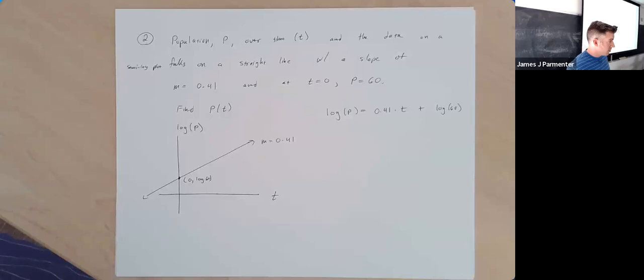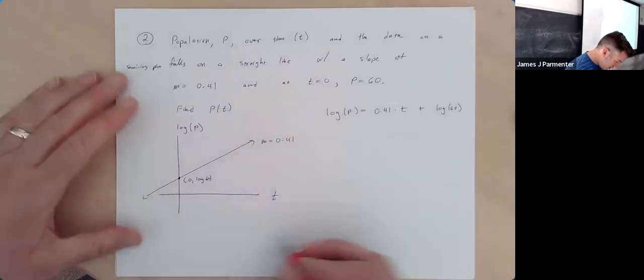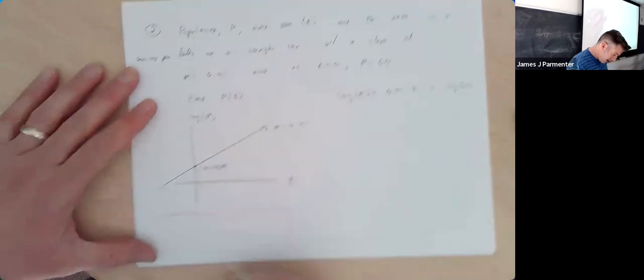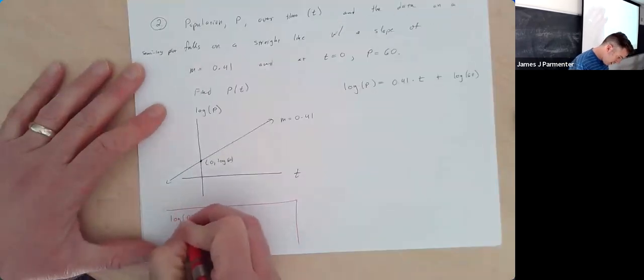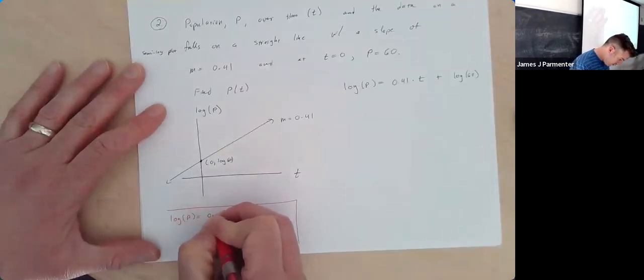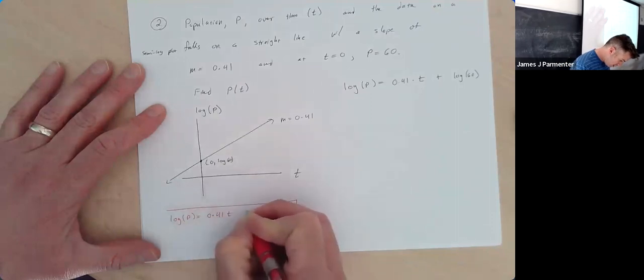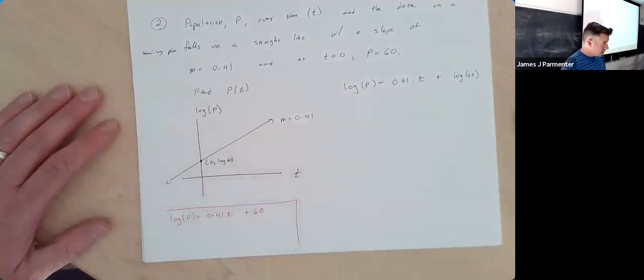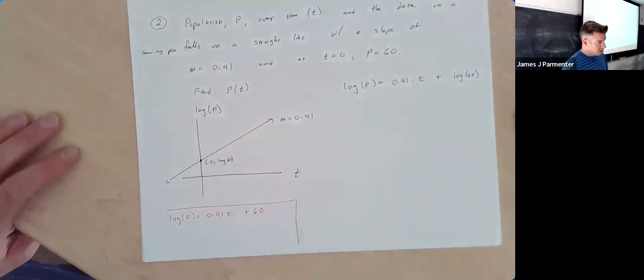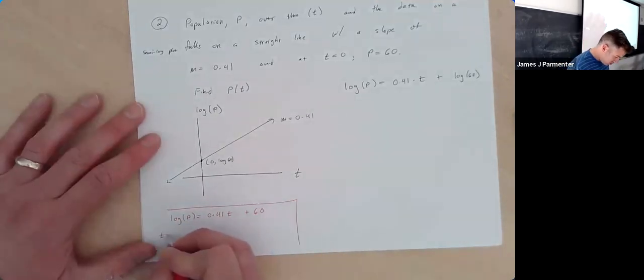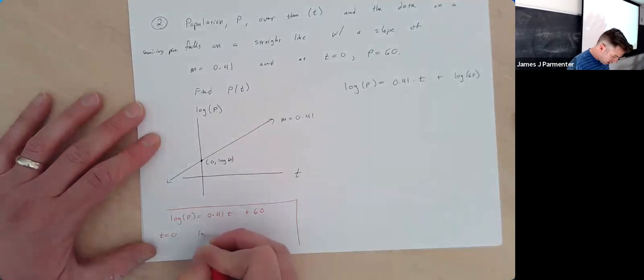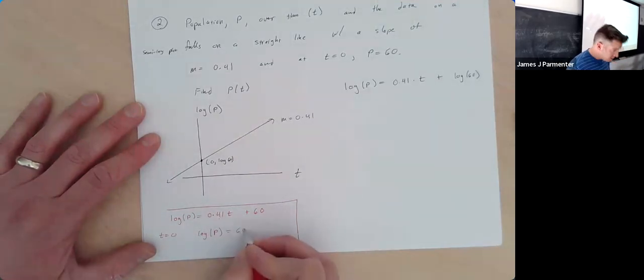Log 16, where would it be? Good question. Let's say we did this instead. Let's say we had log of P equal to 0.41 T plus just 60. If we plug in T equals 0, then we're left with log of P equal to 0 plus 60.